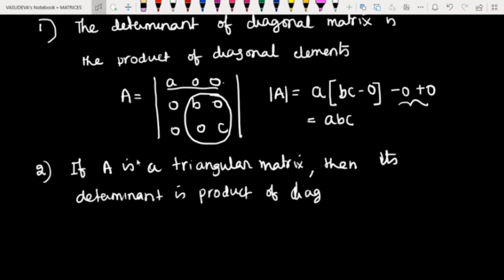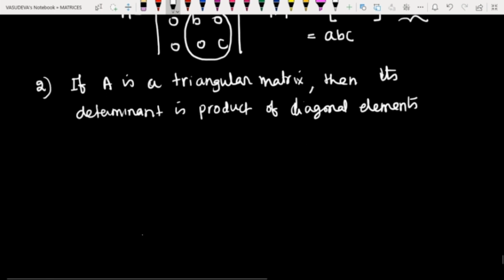Now we know that the determinant of the diagonal matrix and the triangular matrix is the product of the diagonal elements.